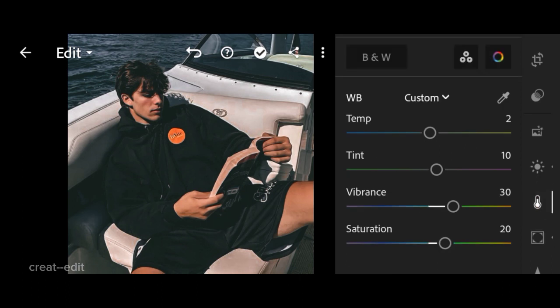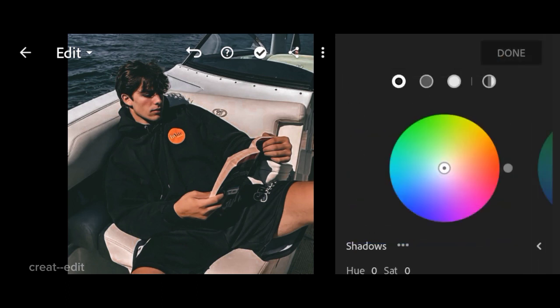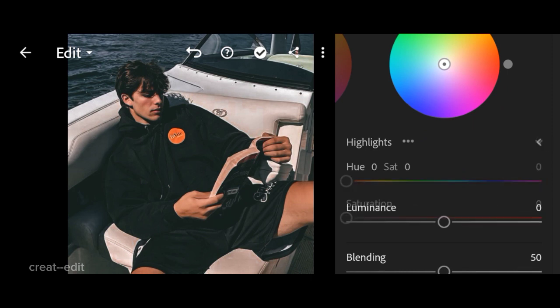Now go to Split Toning. Highlights hue 62 and saturation 20.